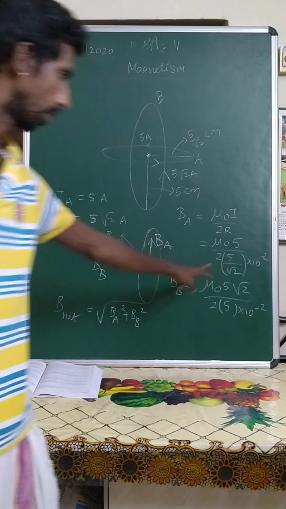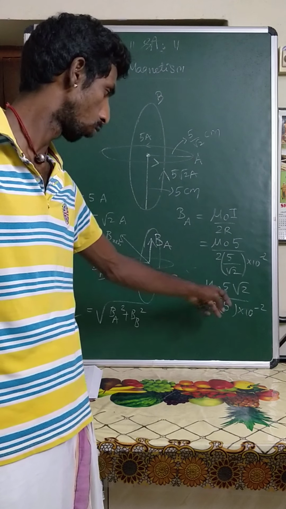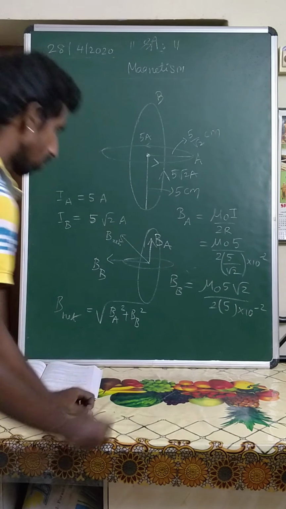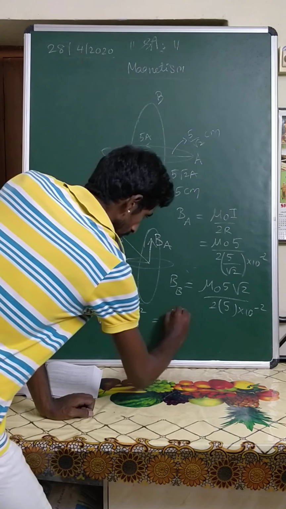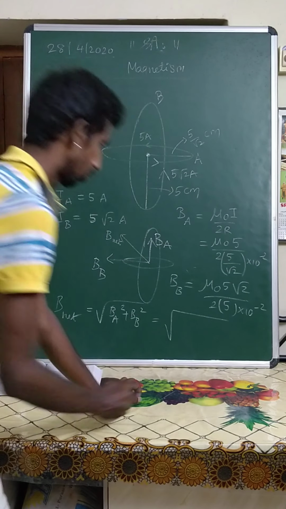Both are the same, because here root 2 will move to the upward direction. So we get root 2 mu naught 5 by 10 for each.